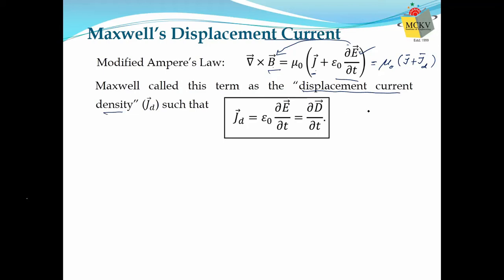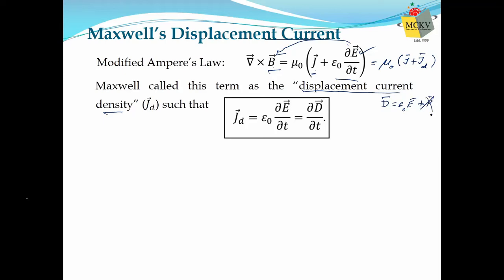Now we know the D vector equals epsilon naught E plus P. Remember, in the previous module we discussed the displacement vector D, which was epsilon naught E plus P, where P was the polarization vector. Now, if it is not a dielectric material, like a conductor, then there is no polarization, so P will be absent.